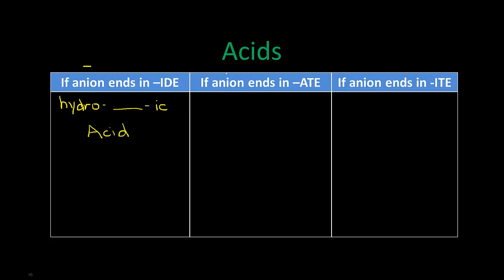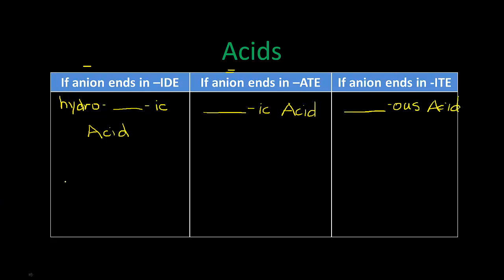If the anion ends in ATE, then we take the name and change the ending to ic, and then put acid. If the anion ends in ITE, we put the name of it, change the ITE to OUS, and put acid.